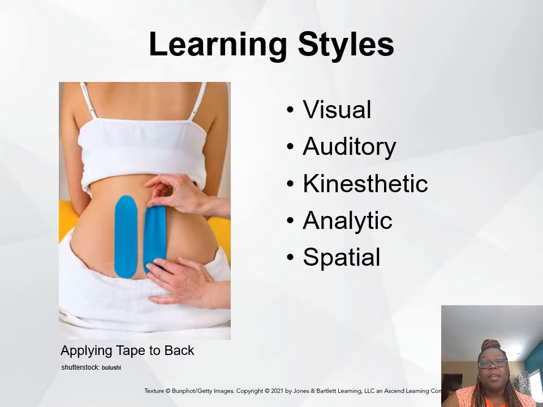Those that are analytic want to be able to rationalize and reason, and they are very astute at drawing those connections and making sense of the information that's being taught. Then finally, the person who is a spatial learner is going to be one that is able to look at the big picture, but also understand that they can sequence the information that they've been given.